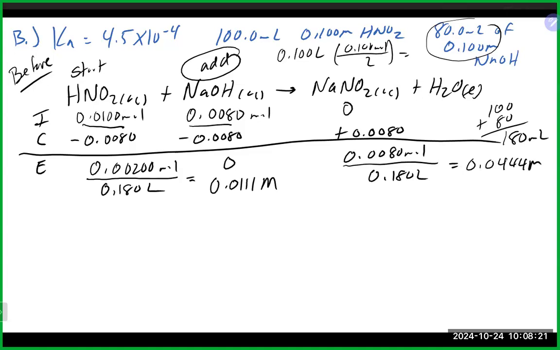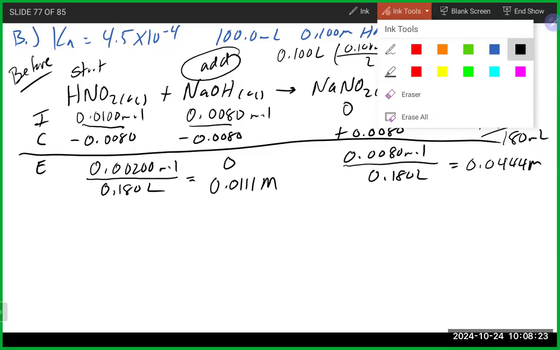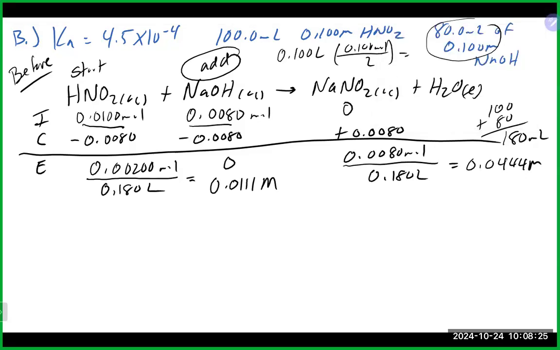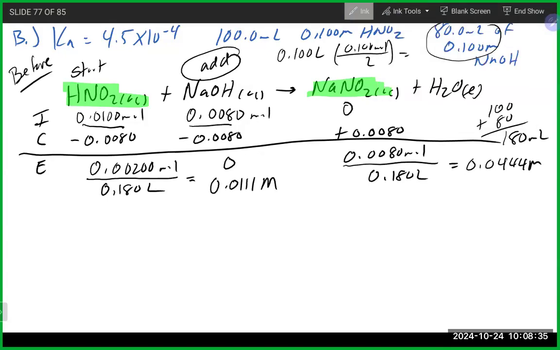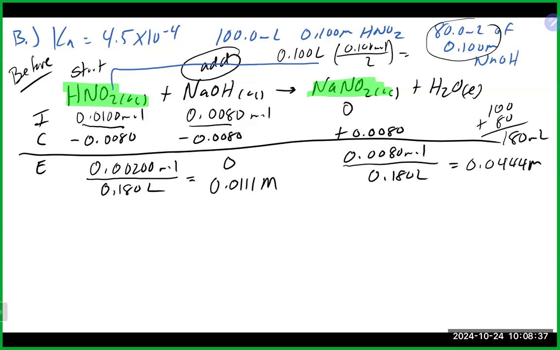Again, if you weren't sure where you're at and what type of problem you have, you can still look at the ICE table, and you have this guy and this guy left over. Hopefully at this point you should be able to recognize that these are related to each other: a weak acid and the salt of its conjugate base. So as we correctly predicted, we ended up in a buffer at this point.